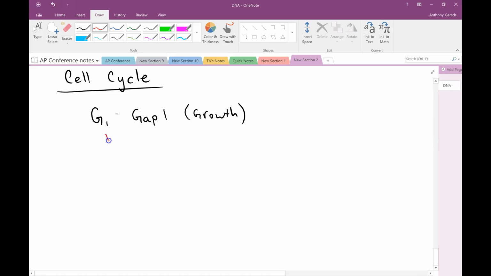A checkpoint. Okay? It's going to make sure everything's ready to go before replication. If it's not, it goes to another stage. It goes to what's called G0, which is no division. Okay? If everything's good to go, now it's ready to go to the S stage for synthesis.